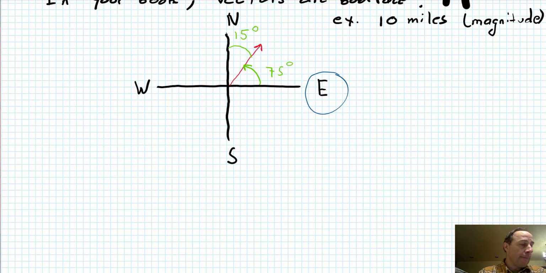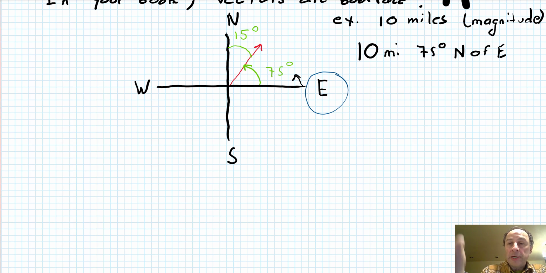So this vector would be 10 miles, 75 degrees north of east, right? Because from the east direction, you're moving northward.